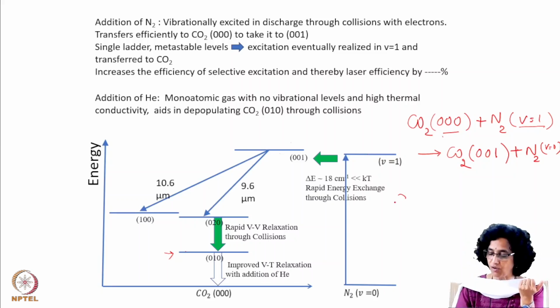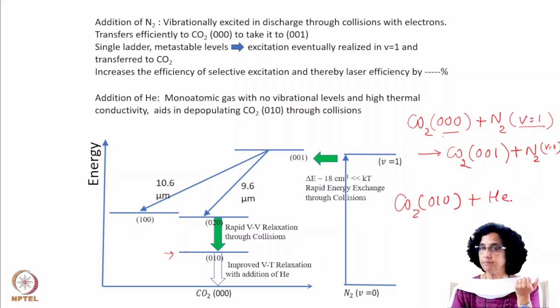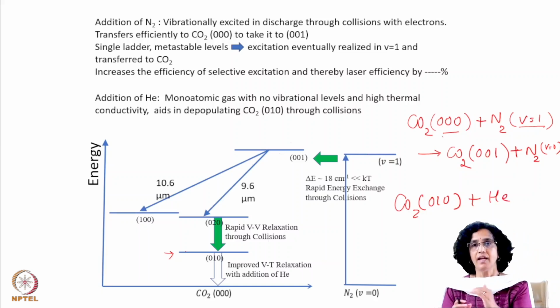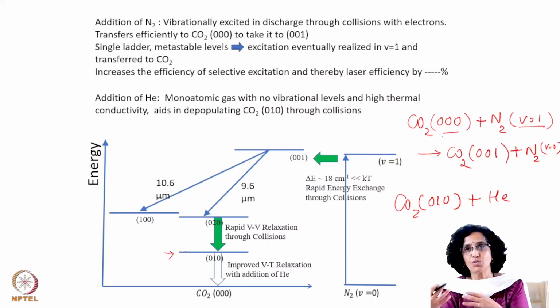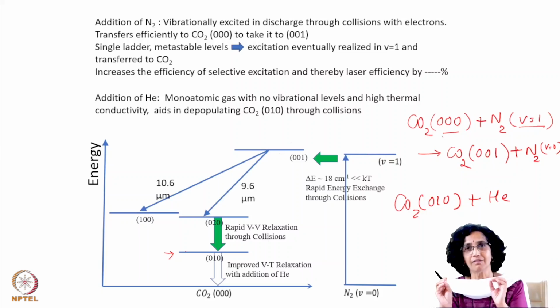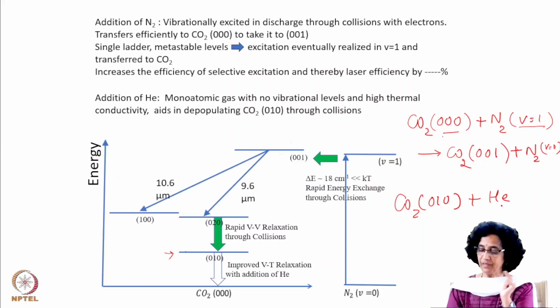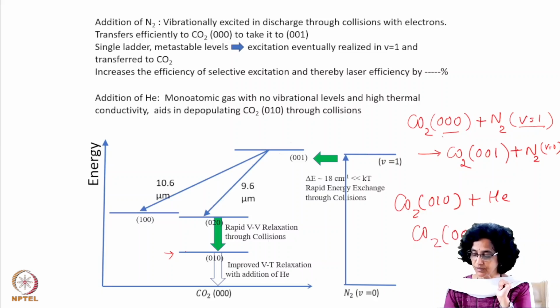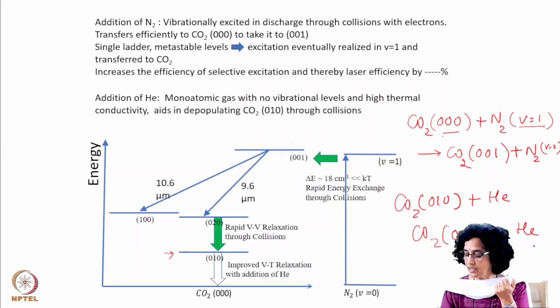The collision of CO2 010 plus helium atom: helium is a monoatomic gas, it doesn't have its own vibrational levels, so we need not be worried about helium getting vibrationally excited or having its own transitions. Helium is a monoatomic gas. So helium, when it collides with 010, brings down CO2 to 000 and its own kinetic energy increases.